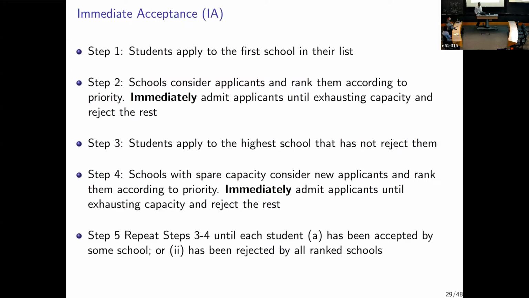And then this process continues until every student has either been already accepted by a school or has been rejected by all the schools that they ranked. Okay. So now, what do you think that you should or should not strategize in this mechanism? What are the considerations that you need to think about?